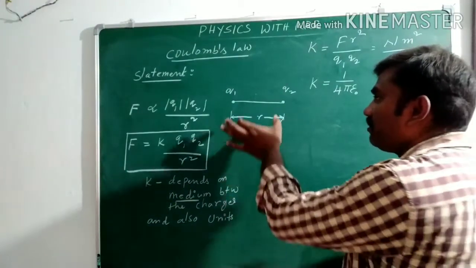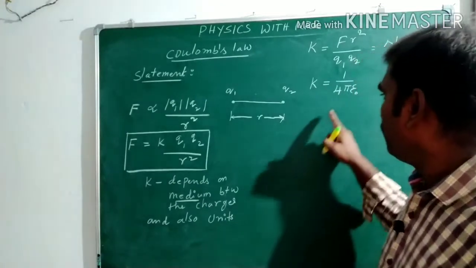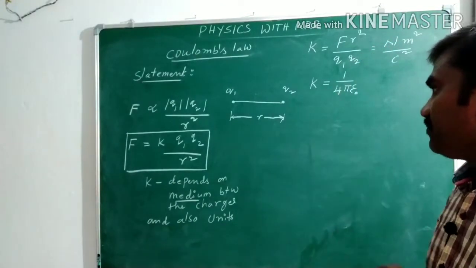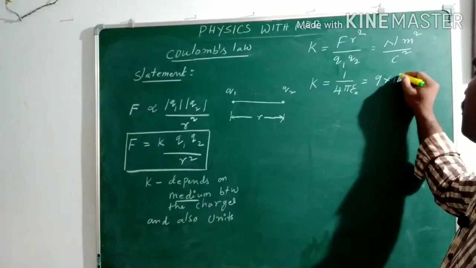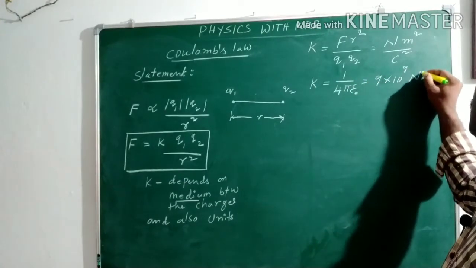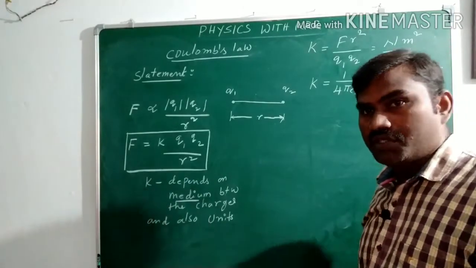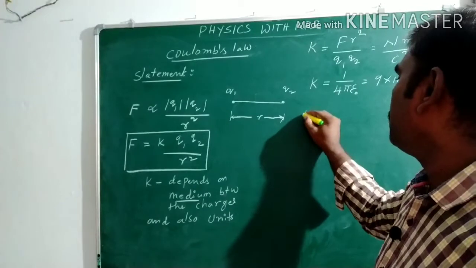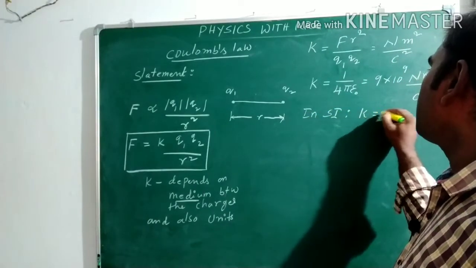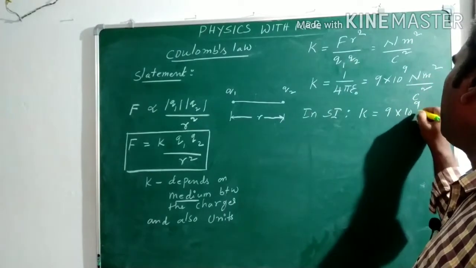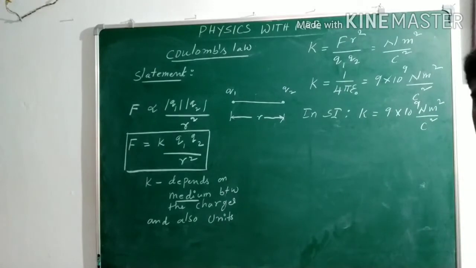That means the medium between the charges is air or vacuum. That is the reason we have taken permittivity of air or vacuum. So this is equal to 9 into 10 power of 9 Newton meter square by Coulomb square. So the value of K in SI system, we can take K is equal to 9 into 10 power of 9 Newton meter square by Coulomb square.